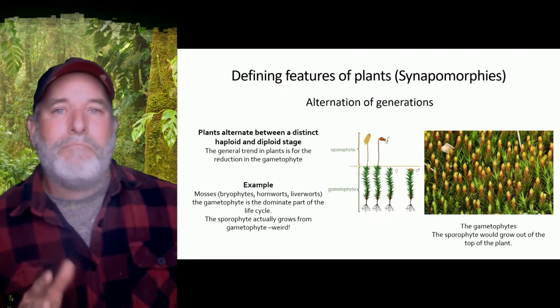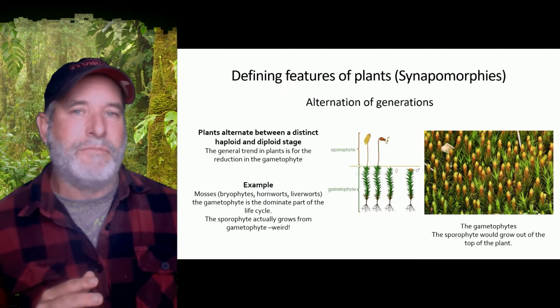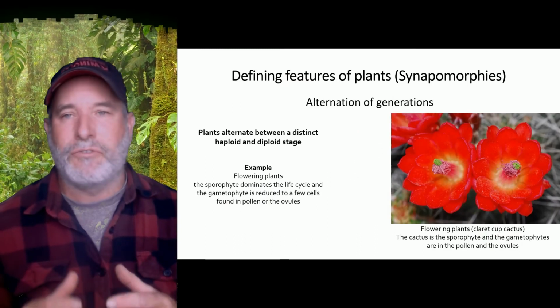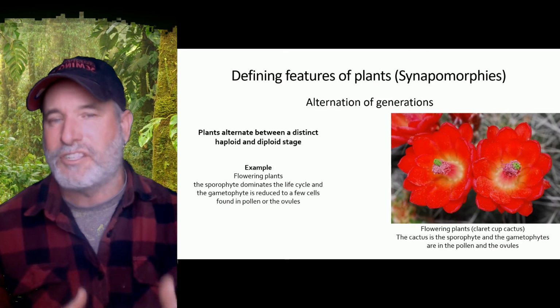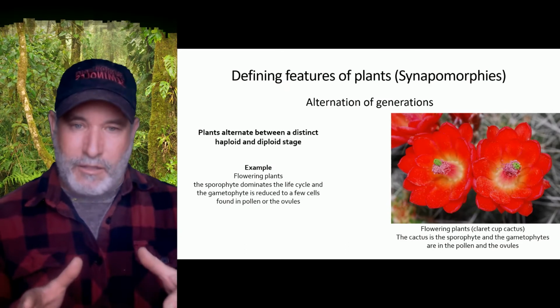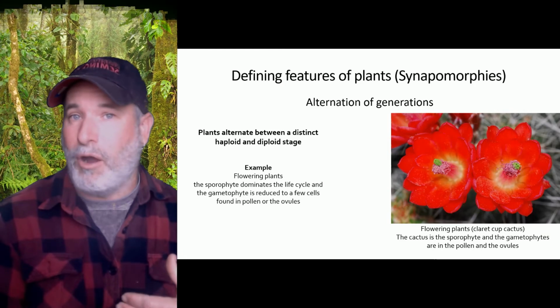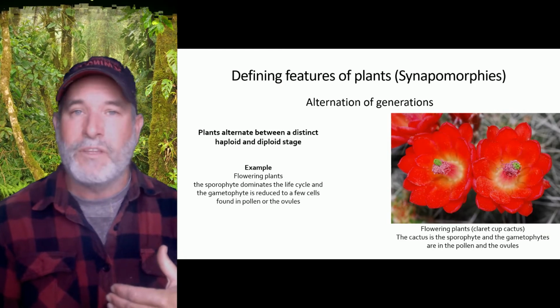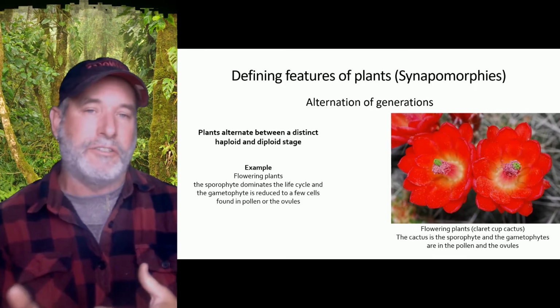I love that. But as plants evolved over hundreds of millions of years, there has been a general trend in the reduction in the size of the gametophyte. So what that means is if you're a moss, the gametophyte, the haploid part of the life cycle, dominates. It lives the longest, it's the largest part.